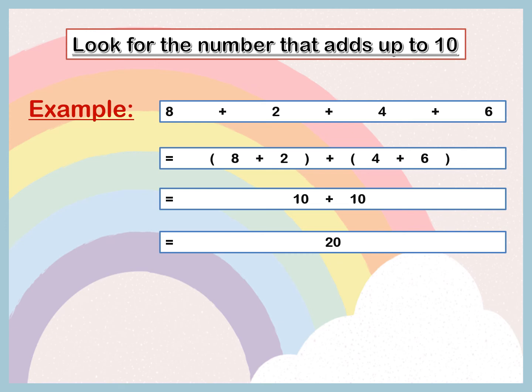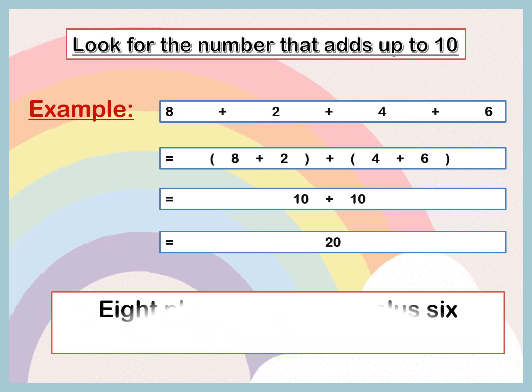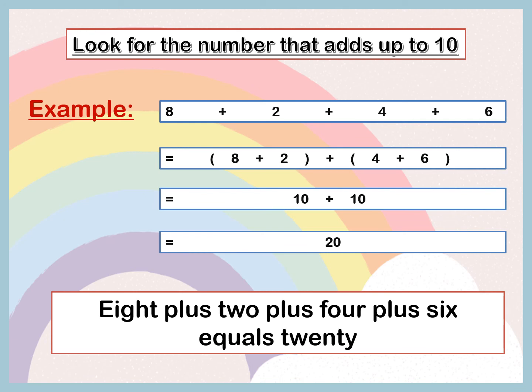Okay, so this is the right answer. 8 plus 2 plus 4 plus 6 equals 20. Great job, kids. Now we're going to have another example on the next slide.